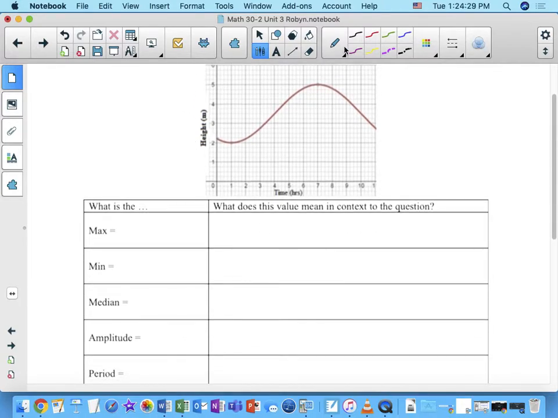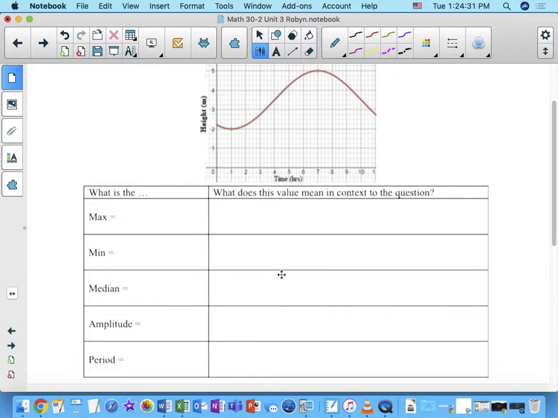Now, the one thing that I wanted to talk about here is period. Can you guys see a full period in this graph? No. Okay, so how are we going to figure out period? Yeah. We could see half of it, exactly. So how could you determine half of it? Where would you look?